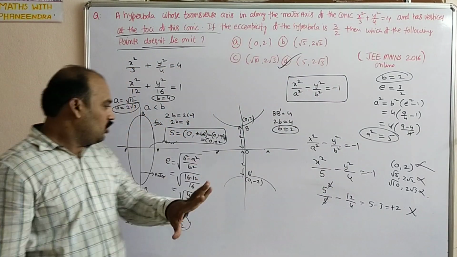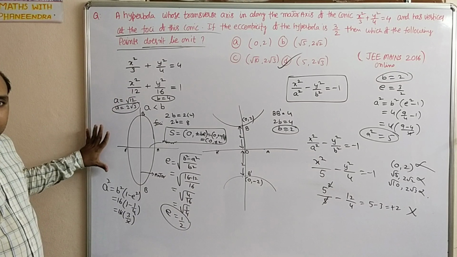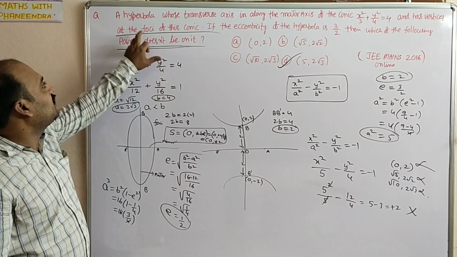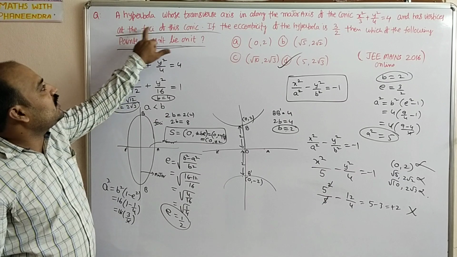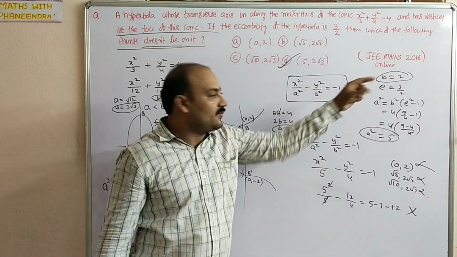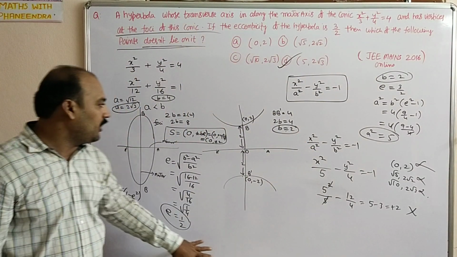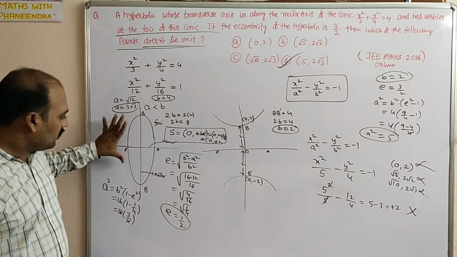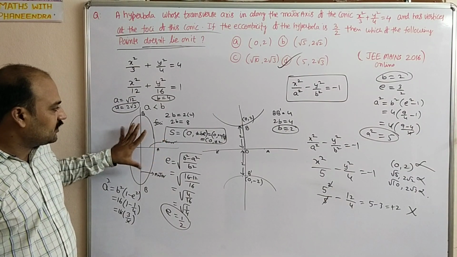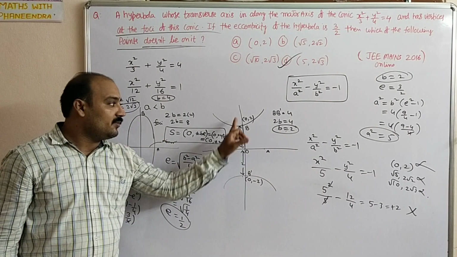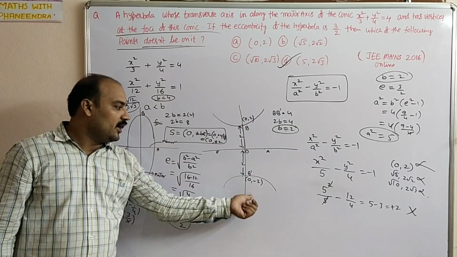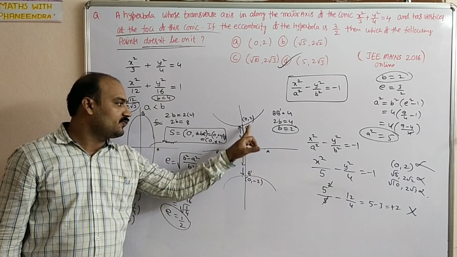See here, after completing the ellipse work, the mistake we made is that the foci of the conic are the vertices of the required hyperbola. That we did not take in previously. So the foci of this ellipse are the vertices of the hyperbola. So b and b dash: from here to here 2 units, from here to here 2.